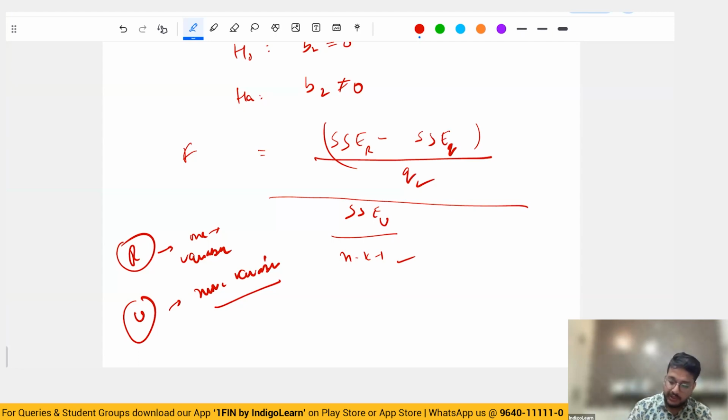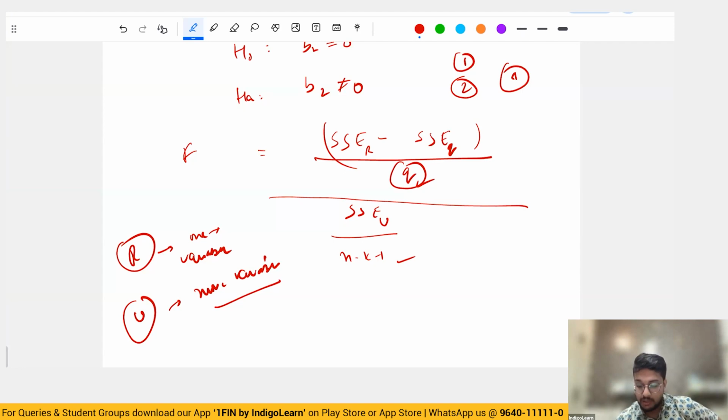Q is basically the number of variables which have been excluded in the restricted model. In the restricted model, I had only one variable. In the unrestricted model, I have two variables. So how many variables have I excluded in the restricted model? I have excluded one variable. So Q shall be 1. If I had, let's say, 3 variables in the unrestricted model, then my Q shall be 2. Alpesh, Rohit, able to follow?